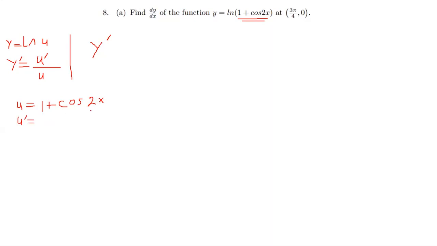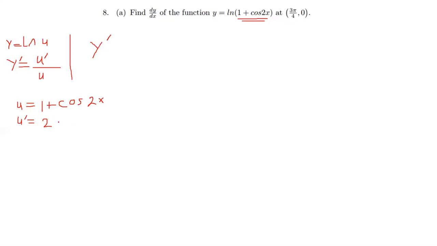But when you differentiate this trig ratio, cos 2x, remember what we said: you differentiate the angle, the derivative of 2x is nothing but 2, and then you differentiate the trig ratio as well.